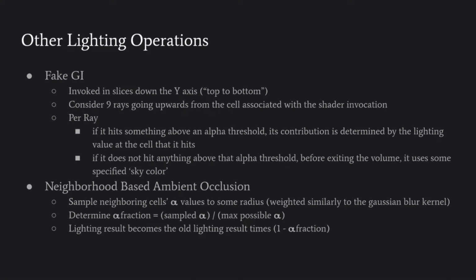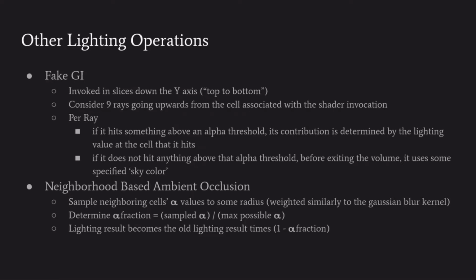So neighborhood-based ambient occlusion is very similar to the Gaussian blur, the way that the alpha values are weighted. It's almost like the inverse square law thing too. It's like 1 over the distance squared kind of a thing, if you consider the middle one as like an origin point.